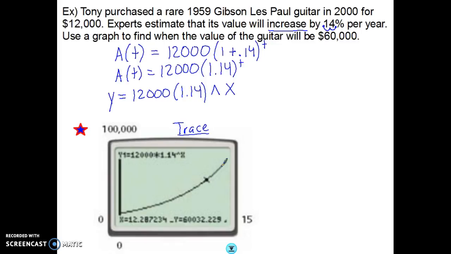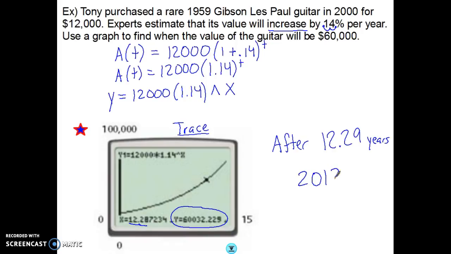Well, if you go ahead and find the point where y is about 60,000, that occurs after about 12.29 years. Which is one way to answer this problem. Alternatively, we know that he bought it in the year 2000, so we could also say that it will be worth $60,000 sometime in the year 2012.